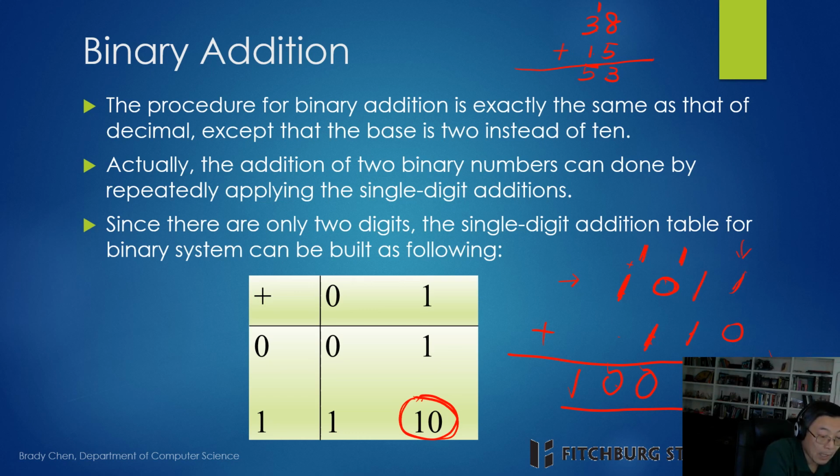If you carry over a number when you add in any position, that number will be carried over to the next position. And don't forget, when you perform the addition in the next position, you have to add the number carried over from the previous position. Don't forget this.